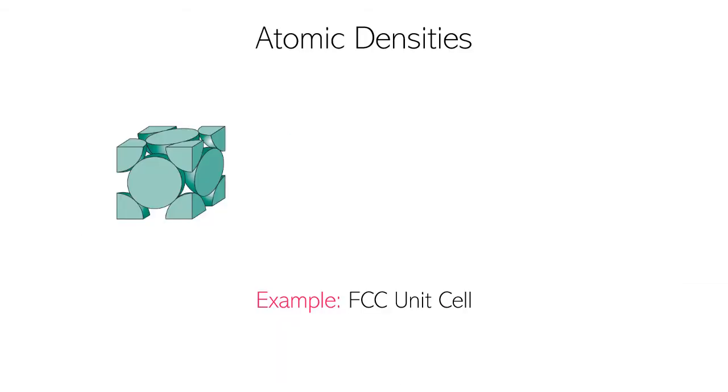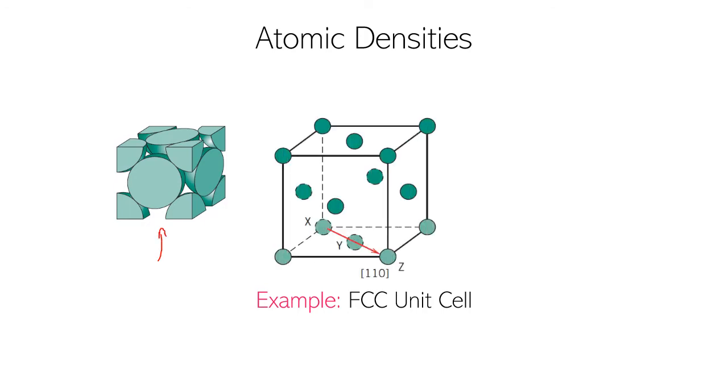So let us consider an FCC unit cell. This is an FCC unit cell, and a particular direction in this FCC unit cell is shown, and that direction is the 110 direction. Hopefully by now you must have understood the indexing of the directions.